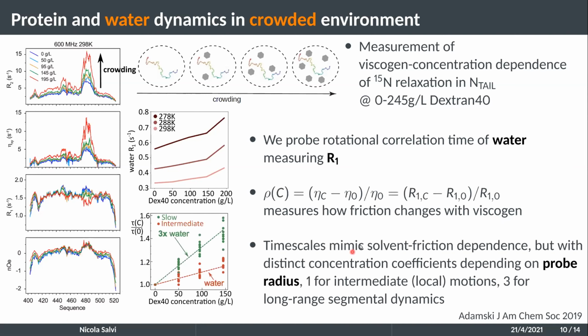And if we do so, we realize that the timescales of our dynamics mimic the dependence of solvent friction, but this dependence is about 3 times as big for slow dynamics and intermediate, reflecting the fact that slow dynamics is reporting on more long-range processes.